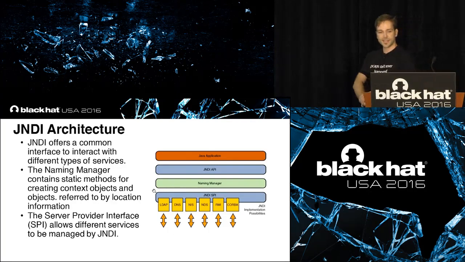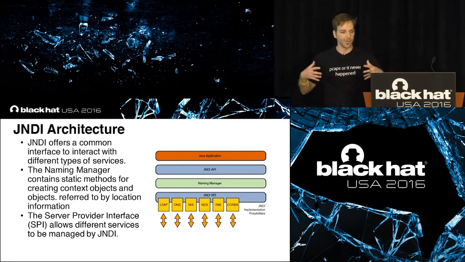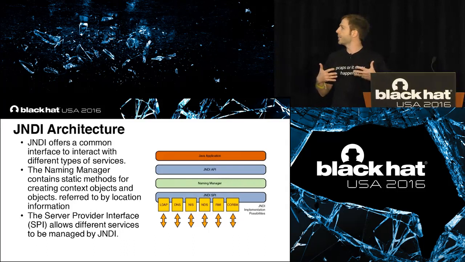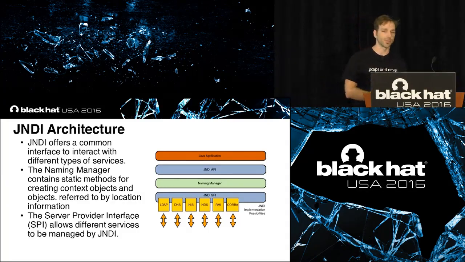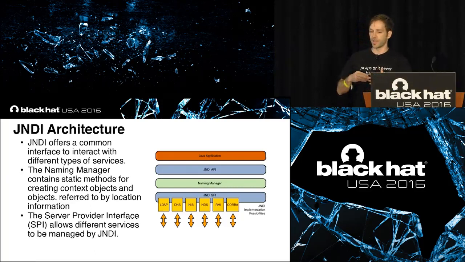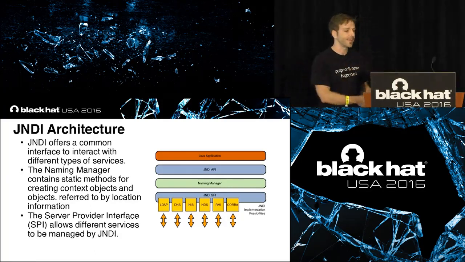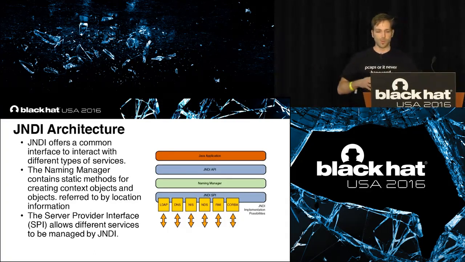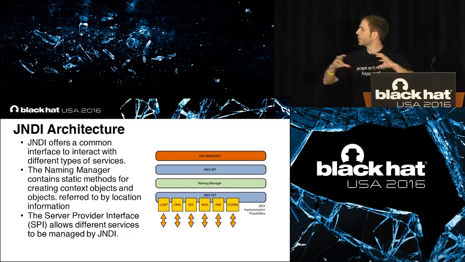The JNDI architecture is very simple. It's composed of 3 different layers. The first one is the API that exposes the methods to bind names to values, for example, methods to look up or search for these names, and also methods to rename or delete a binding, and so on. Then we have the naming manager, the core layer of the architecture that glues everything together.